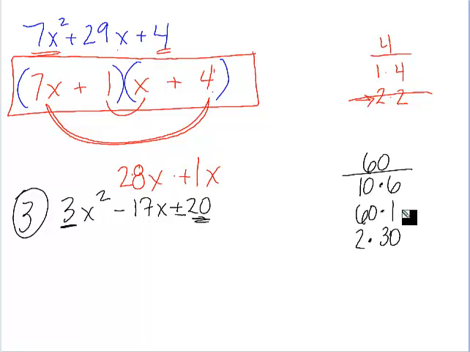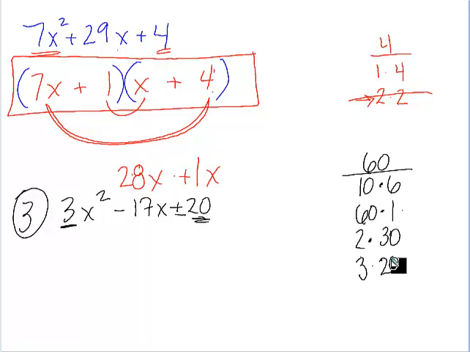So we did 1, 2. Does 3 go in there? 3 times 20. Do those add to give you 17? They subtract to 17, but that's not what we're looking for. We're looking for adding. Does 4 go in there?